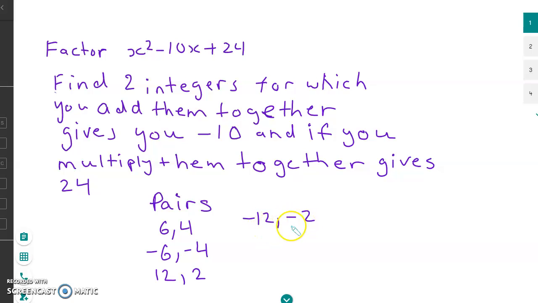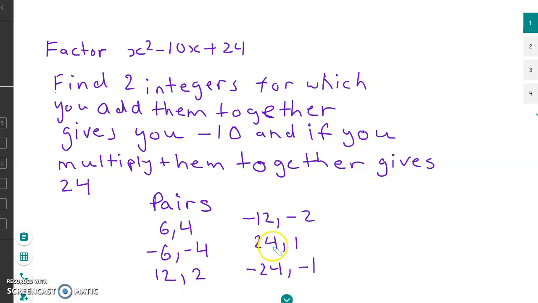How about 24 and 1, or minus 24 and minus 1?